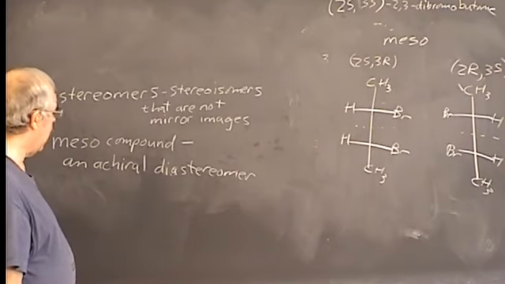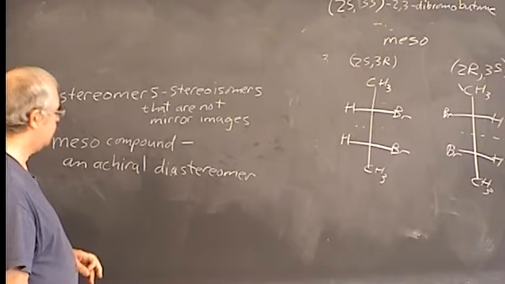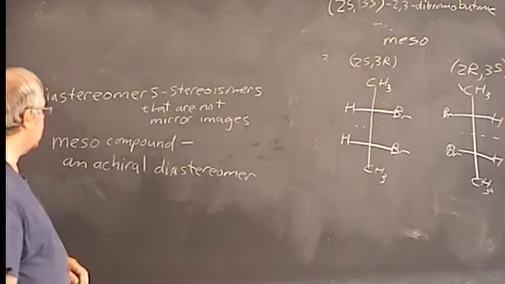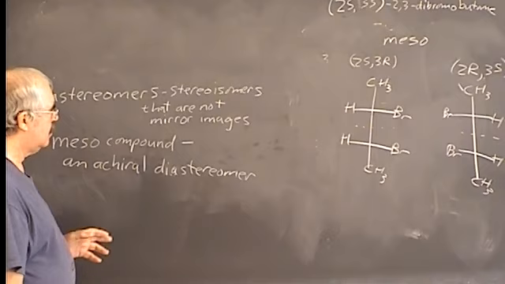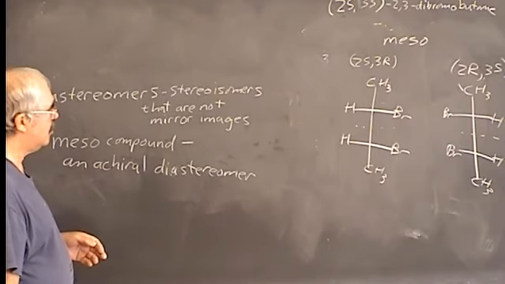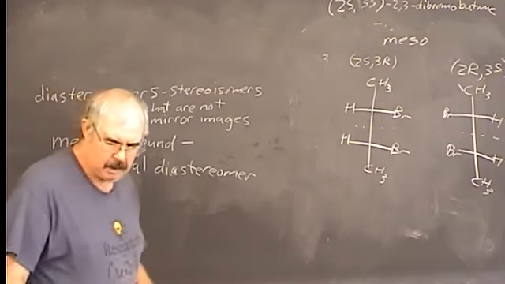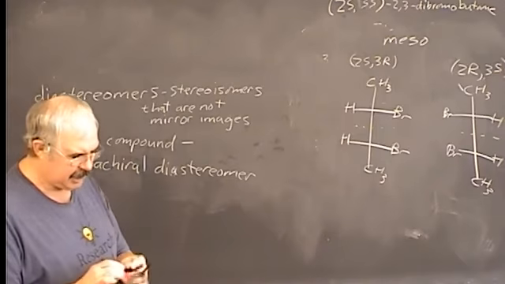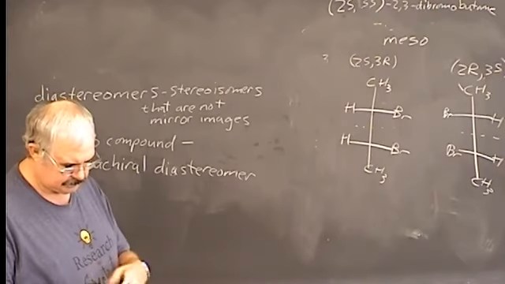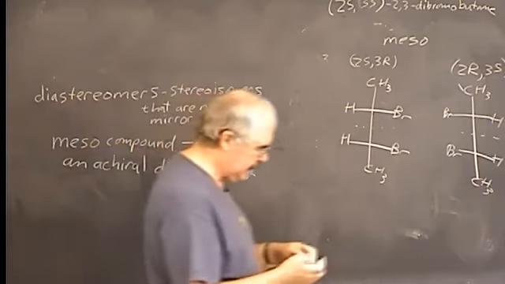A meso has to have stereocenters. Okay, to merely say something is a diastereomer because it has a plane of symmetry is not correct, because many compounds have a plane of symmetry. Okay, for example, cyclopentane.